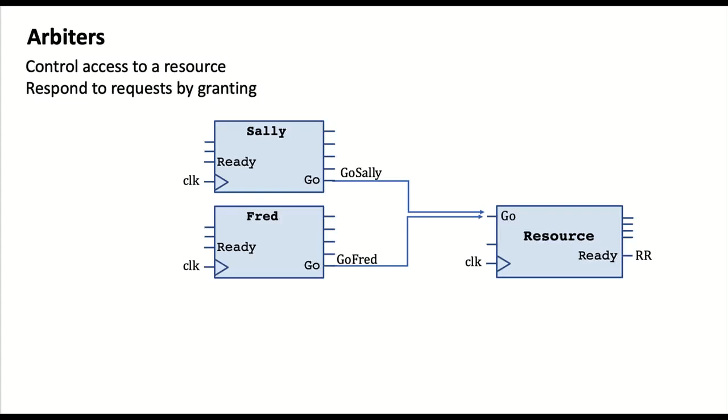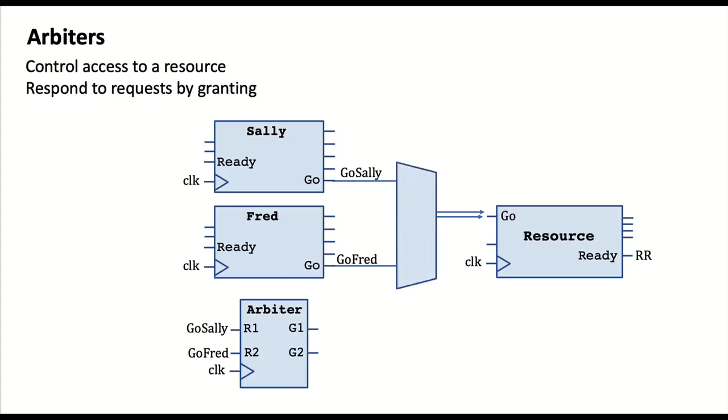We could just put an OR gate there, except then both Sally and Fred might get the go-ahead, and that might be a disaster. So we need somebody to decide who gets it, Sally or Fred, because they can't both have access at the same time. Our arbiter is essentially a state machine, and its job is to take the input from Sally and Fred and to tell one of them to go ahead.